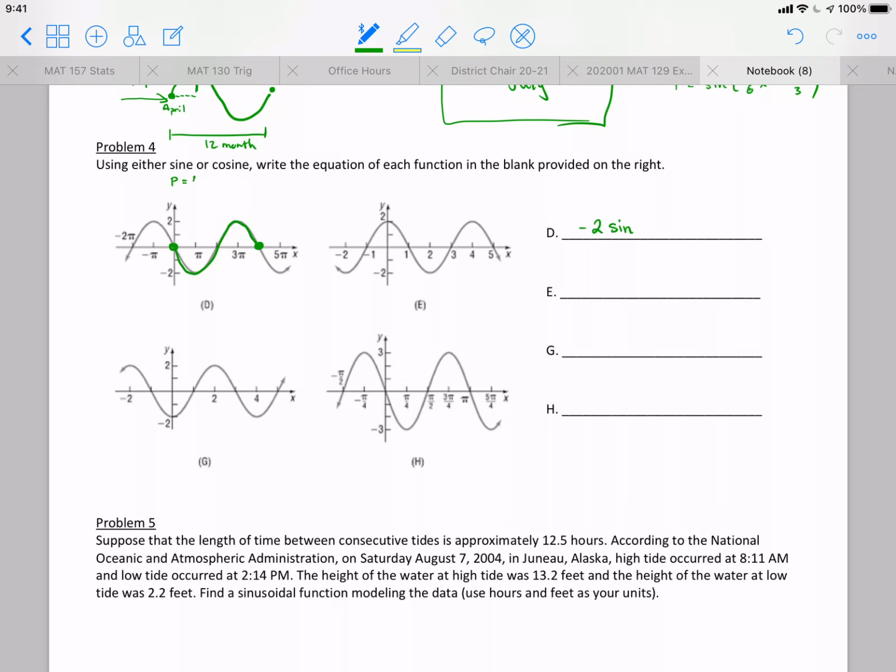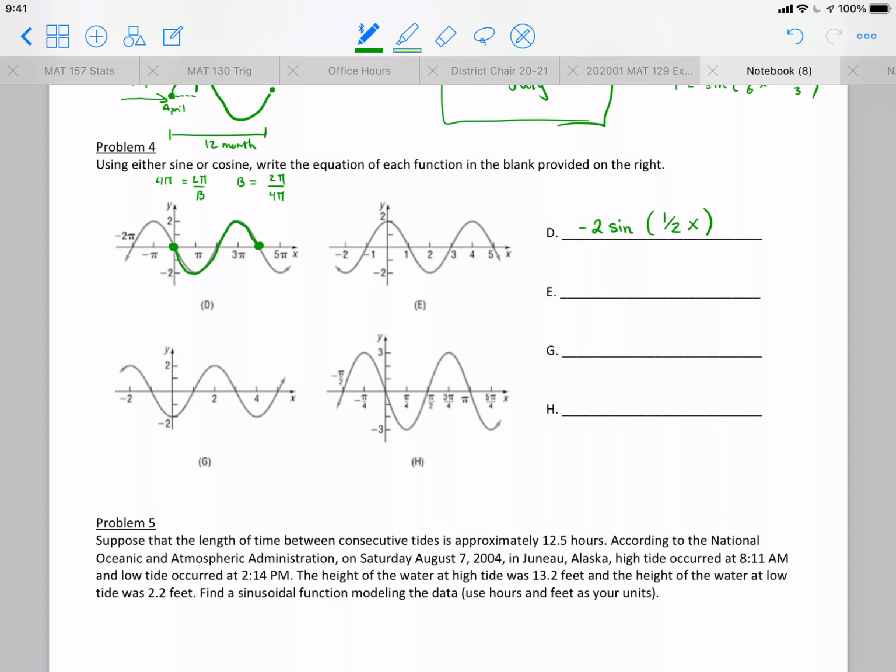Period is 2 pi over b, right? But because period is 4 pi, what's your b? 2 pi over 4 pi, or 1/2. So your b is 1/2, and it has not been shifted left or right. And so this is just 1/2 x. And our center line was not shifted up or down. Actually, it's not shifted up or down on any of these. So that's what I would do for that one.